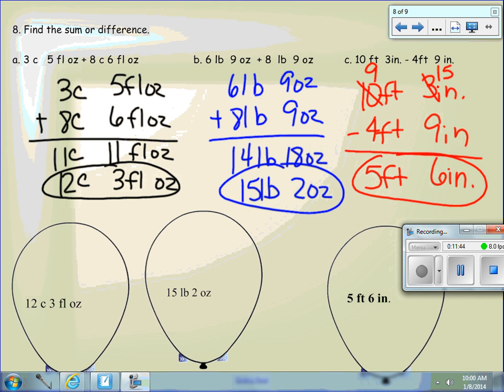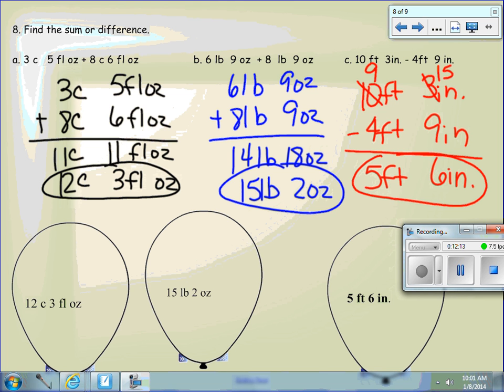In B, we again added our ounces and our pounds. We ended up with 18 ounces, and with 18 ounces, there is another pound in there. So we took 16 ounces from 18 and added it to our pounds, which gives our final answer of 15 pounds and 2 ounces. And our final one, we are subtracting. Notice that we cannot take 9 inches from 3 inches.